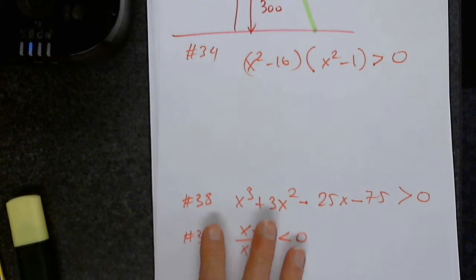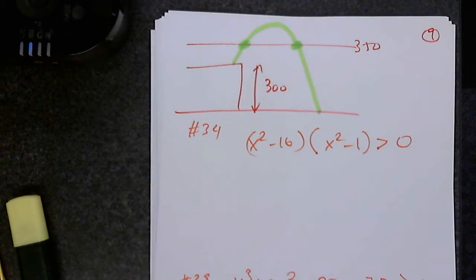Okay, so we start with 34. Do we know what we have to do? The chart. We have to study the sign of each factor. We have to factor x squared minus 16. We have to factor x squared minus 1. And then use the chart for each row. We study the sign. And then we study the sign for each subinterval.